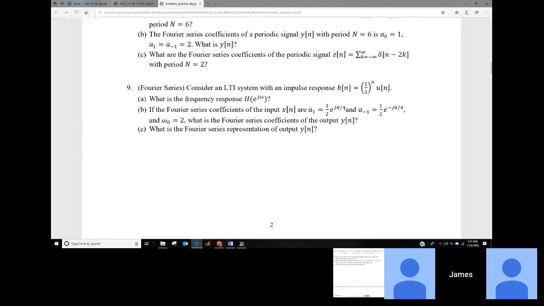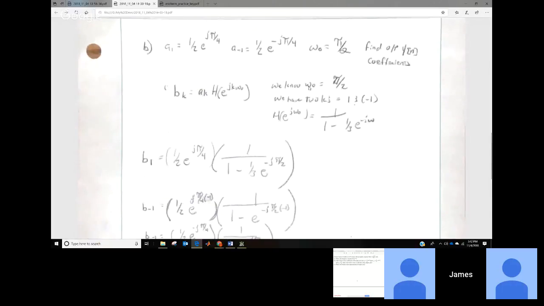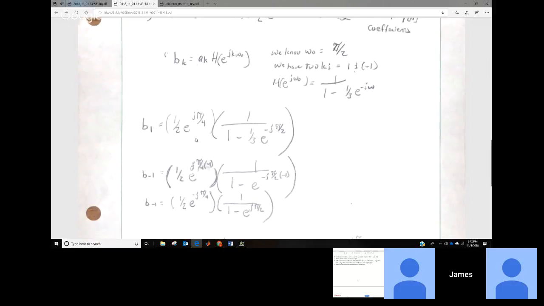So that's where this angle comes from: pi divided by 4 times 2 times the k. So be sure to convert your omegas from omega naughts, is basically the crux of what I did wrong here. This should be omega is equal to pi divided by 2, not omega naught is equal to pi divided by 2. And that comes from our coefficients. So hopefully that makes sense.